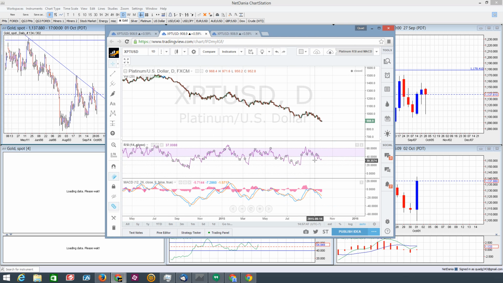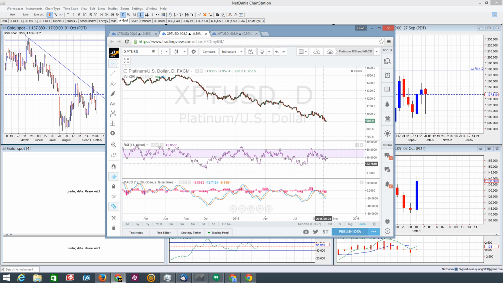It's testing the 30 level. We may get a bounce off that 30 level, which is oftentimes a key level of support, and bounce right back into at least the neutral area, maybe even up to 60 on the RSI, which has been a key level of resistance previously.